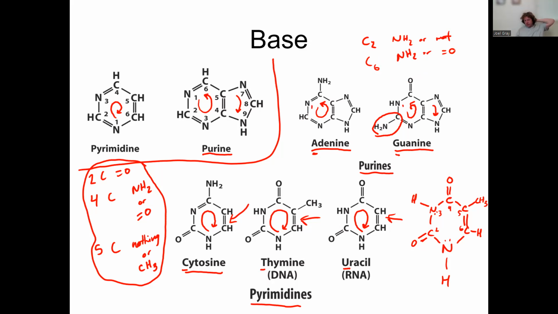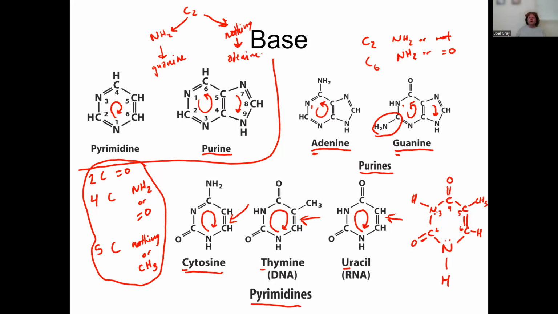You can almost set this up as a flow chart, like C2: if it's an NH2, then you are looking at guanine. If you are looking at nothing, then you are looking at adenine.